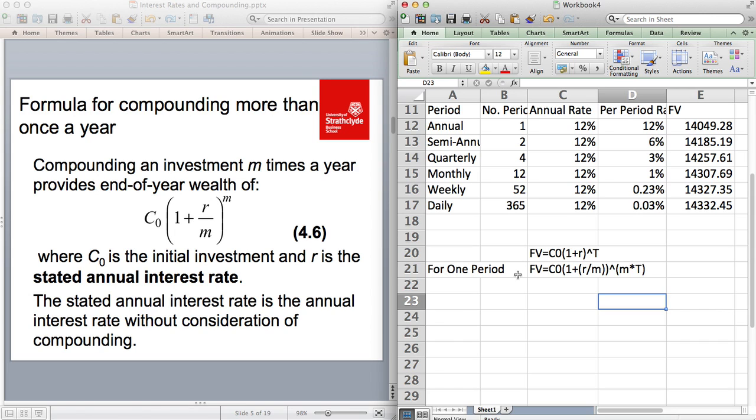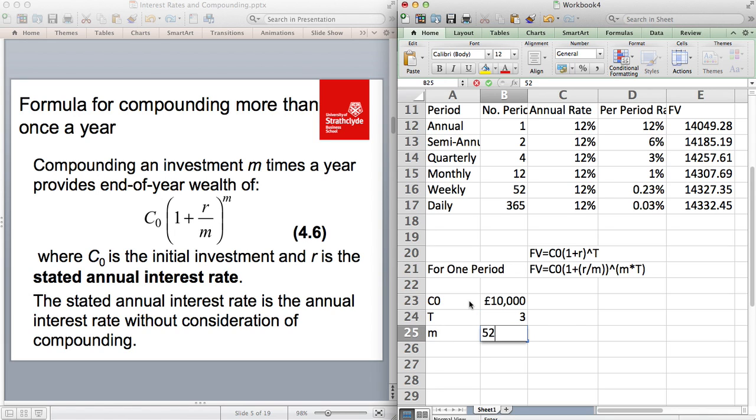So let's just look again at this example. Let's just take the weekly one. We're given C naught is 10,000. T is equal to 3. M is equal to 52 because it's weekly. I'll just put weekly, so you know that. R is equal to 12%, compounded weekly.